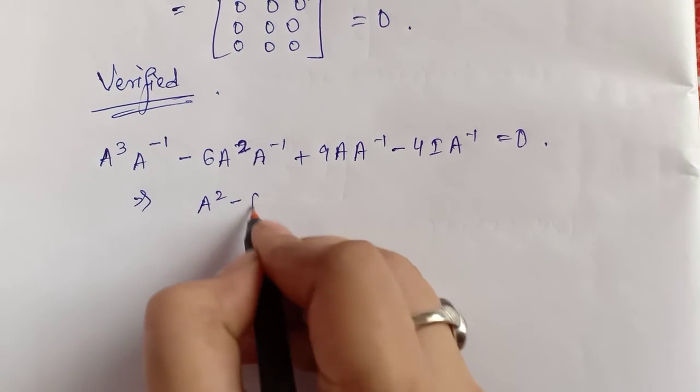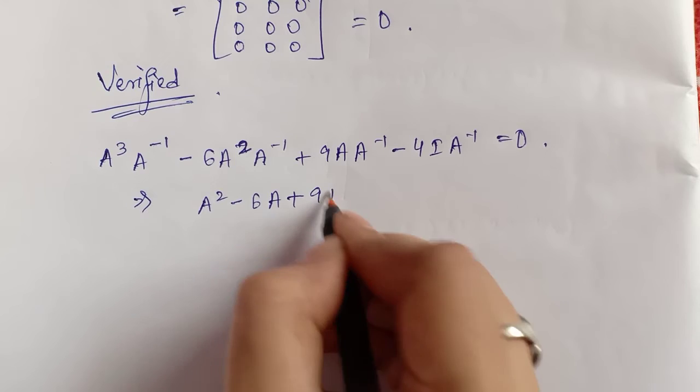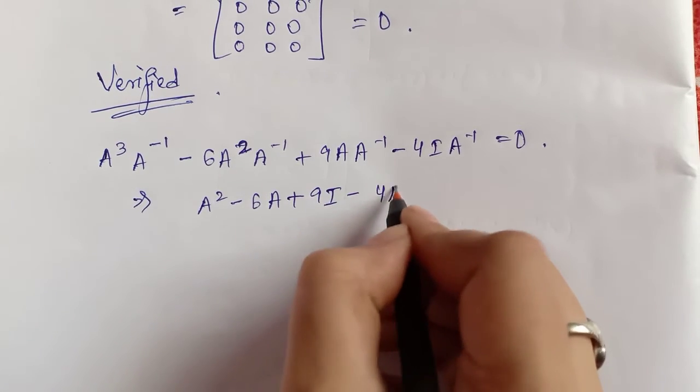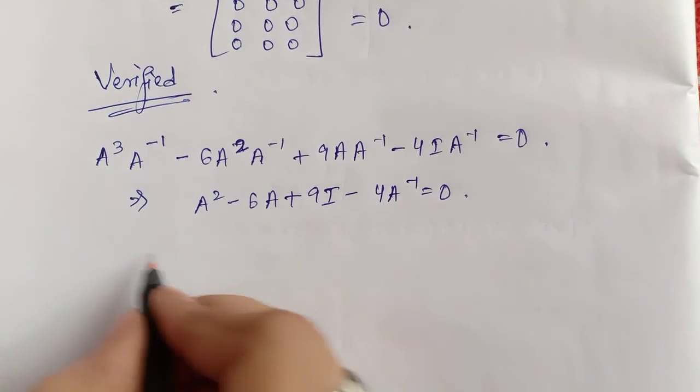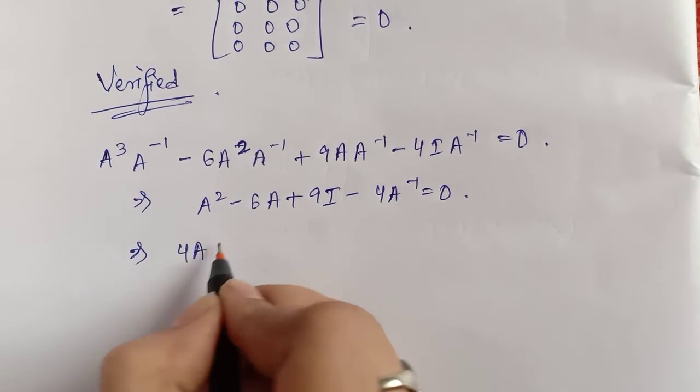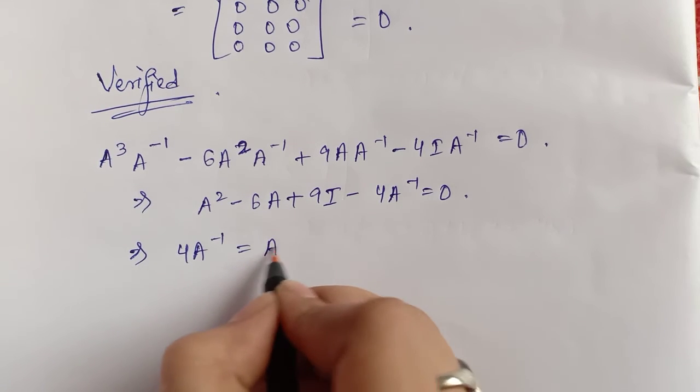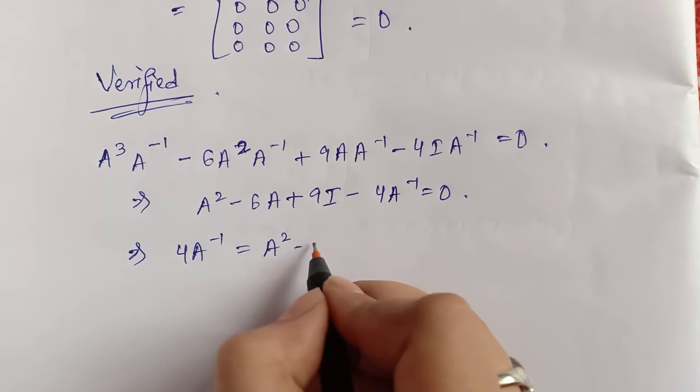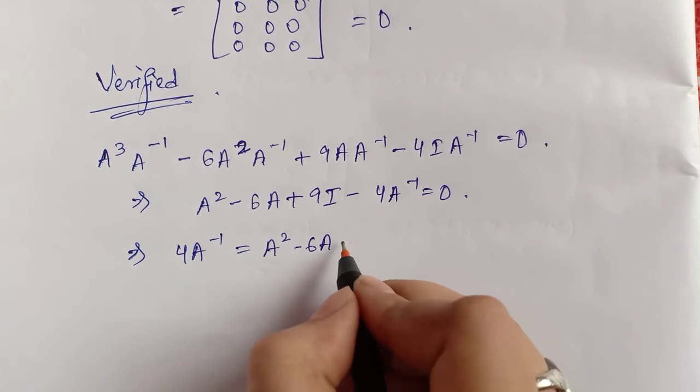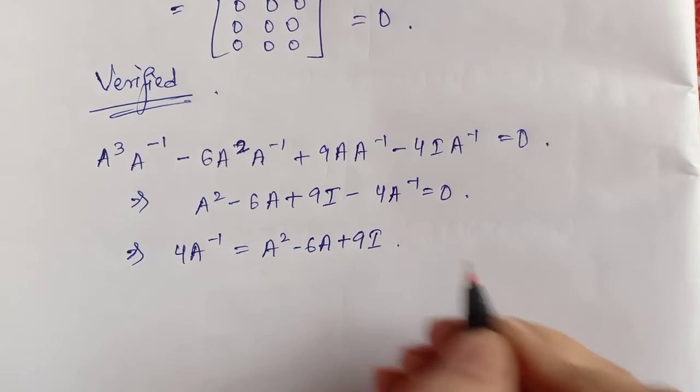This gives us A square minus 6A plus 9I minus 4A inverse equals 0. So 4A inverse equals A square minus 6A plus 9I.